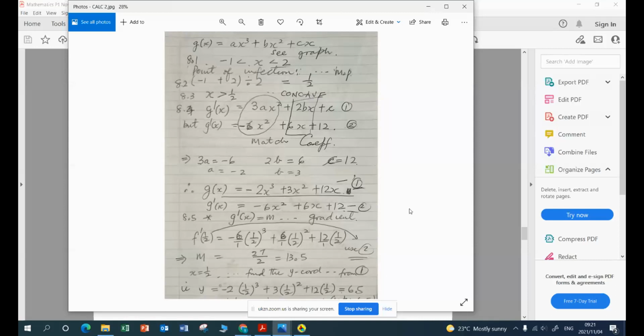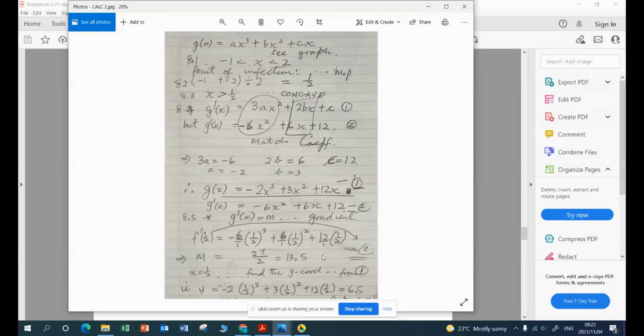Now, you need the gradient. The gradient is obtained from the derivative. G prime x equals minus 6x squared plus 6x plus 12. When you substitute into this equation, you will get the gradient, the value for m.